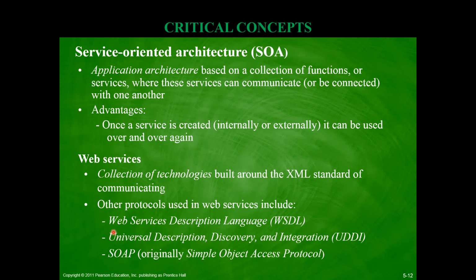Then, some other technologies that are used in relation to web services are as follows. You can see it right here. So software as a service or web services is another paradigm, another set of technologies that seem to be driving enterprise systems nowadays.